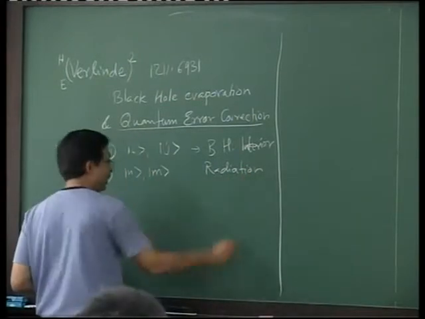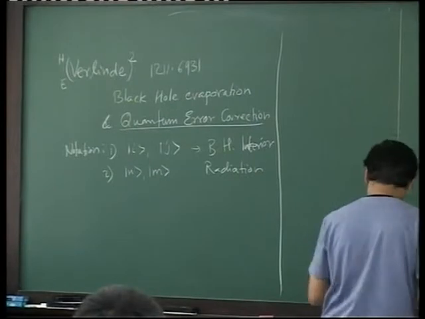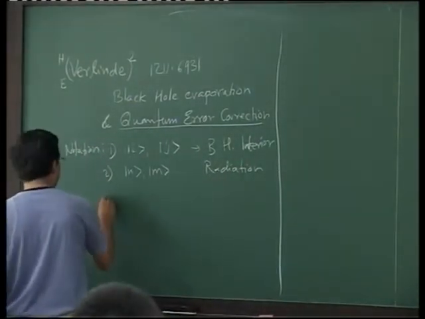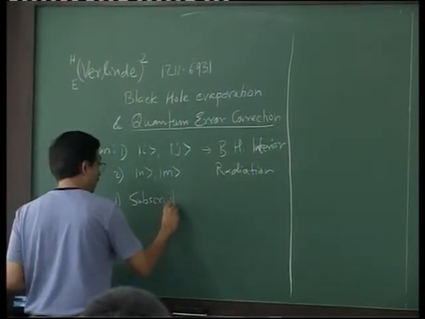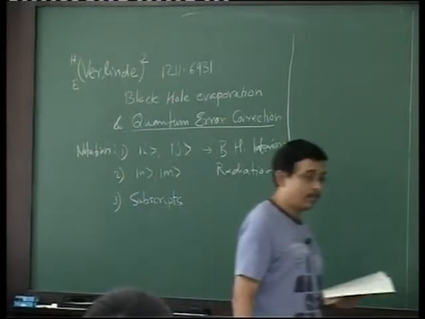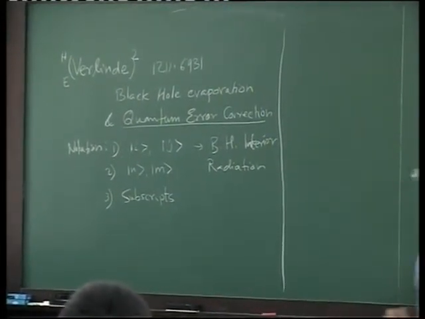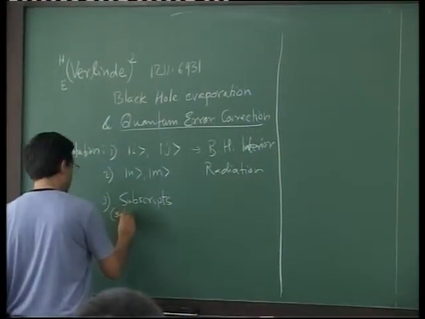So they represent the radiation. It may have subscript A and B or some such thing sitting around. And then there are some third notation about subscripts. And there are times when I run out of place to write subscripts, so then they become superscripts also.